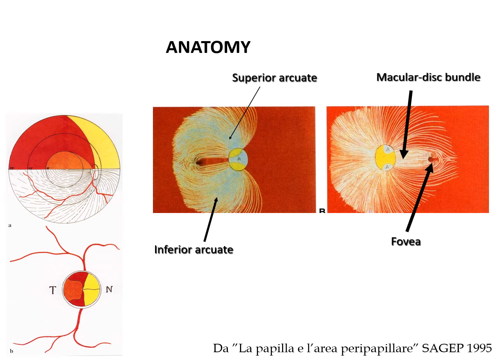Here you can see the distribution, with a color map, of the fibers in the optic disc.